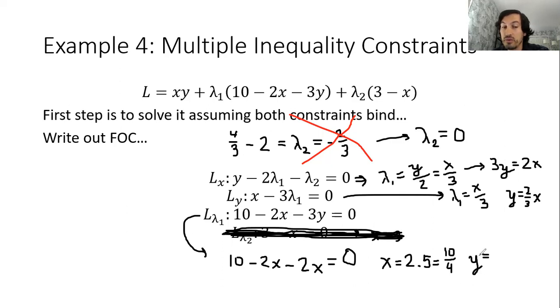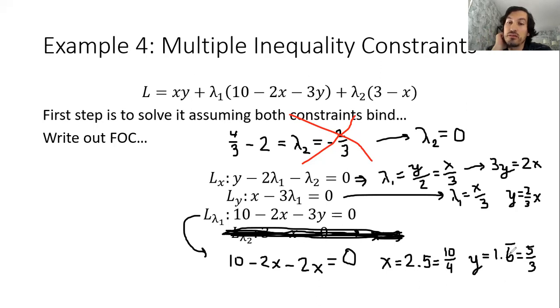Either way, 20 over 12, that's like 10 over 6. All right. It's like 5/3, which is 1.6 something. I think. Did I do the math right? Anybody can confirm this? X is 2.5, y is 1.6 repeating. It sounds right to me.